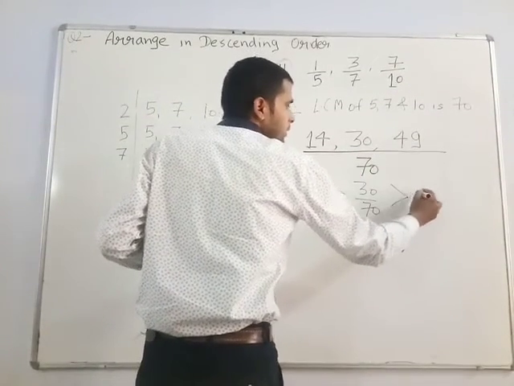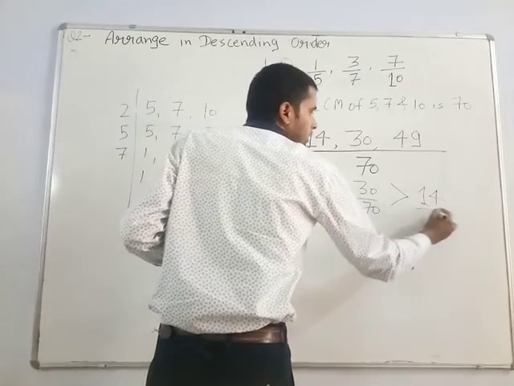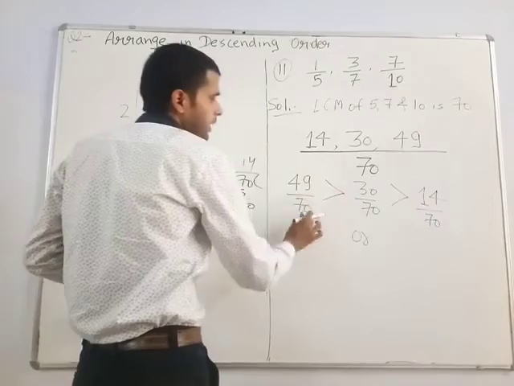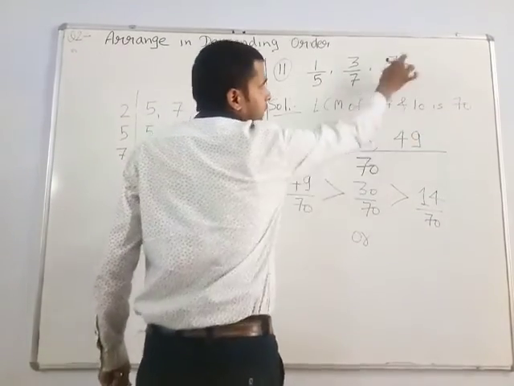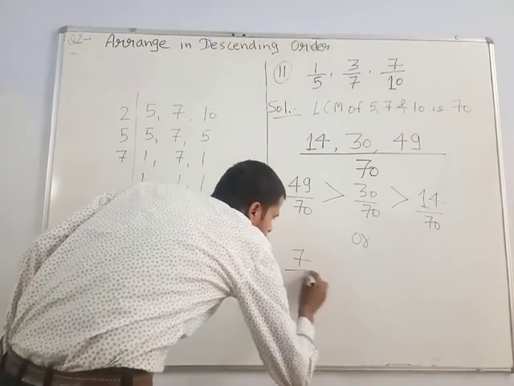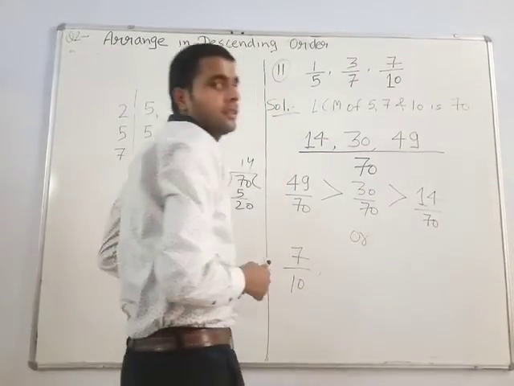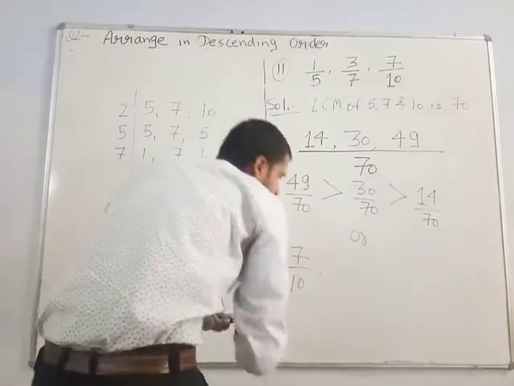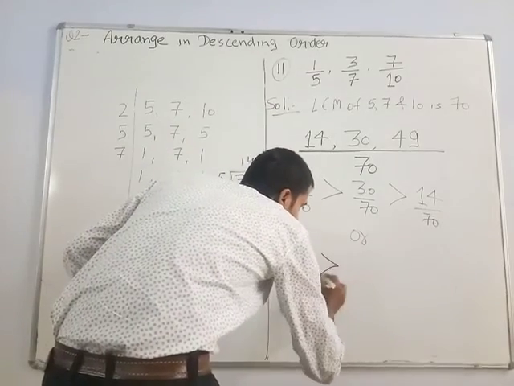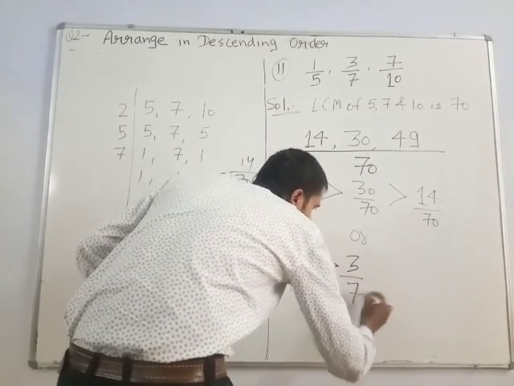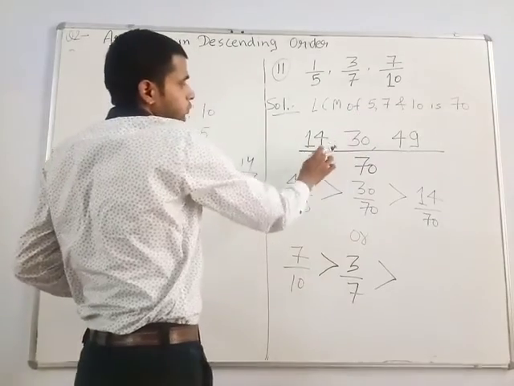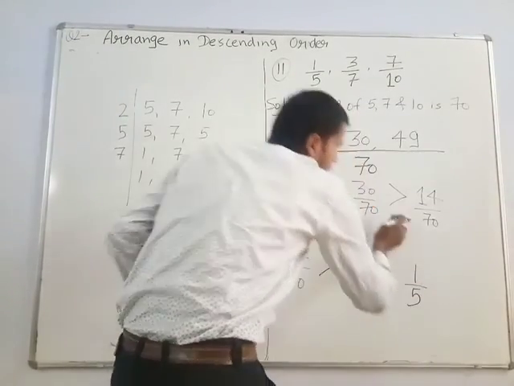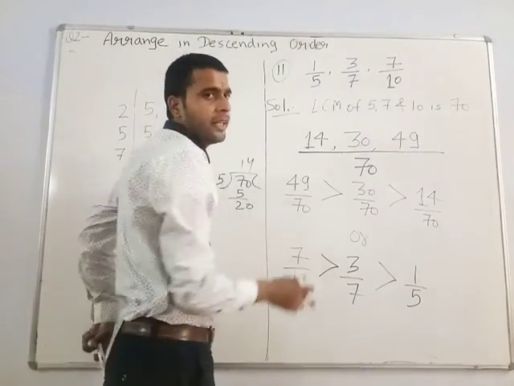And last 14 upon 70. 49 upon 70 means 7 upon 10. 30 upon 70, 30 is 3 upon 7. And last is 14, 14 is 1 upon 5. Either you write this, or you write this, or you write both.